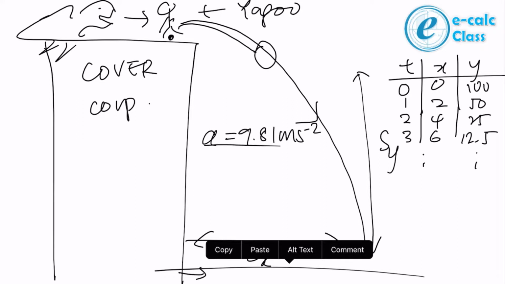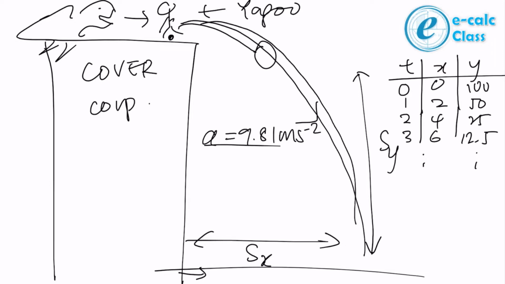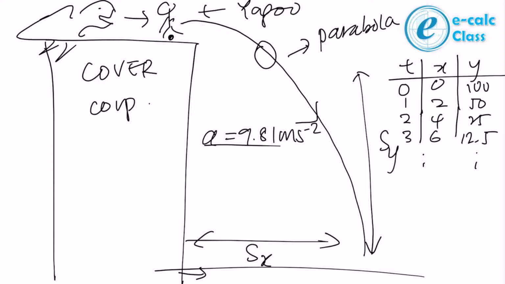This is a projectile motion. Given that, you should know that the shape of this should be a parabola, because it is a projectile motion.